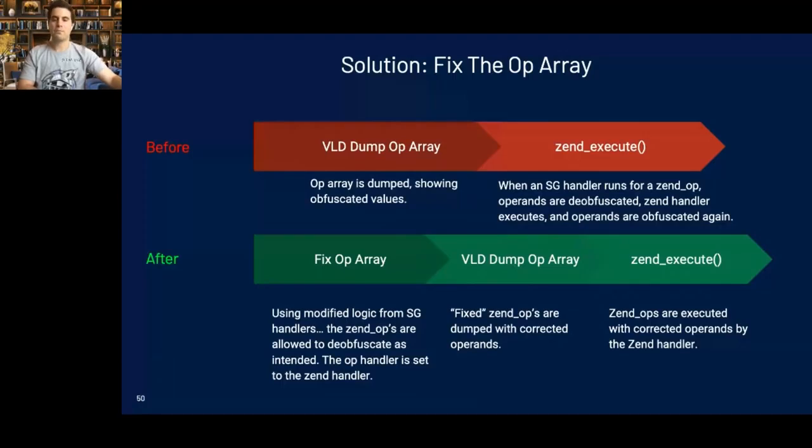So my solution was to fix the op array, dump the op array, and then execute it. When I fixed it, like I said, I modified the SourceGuardian handlers. I allowed the instructions to deobfuscate the operands, and then I set the instruction's handler to the Zend handler. When I dumped the op array, it was dumping the fixed instructions. And when Zend execute fired, the operands were fixed and the handler was the correct one.